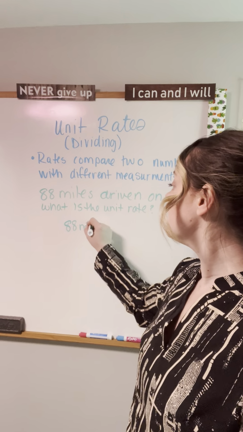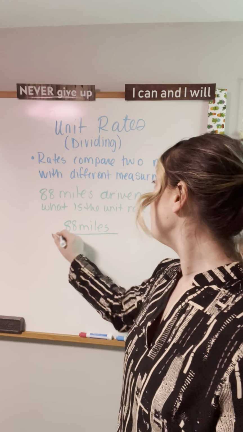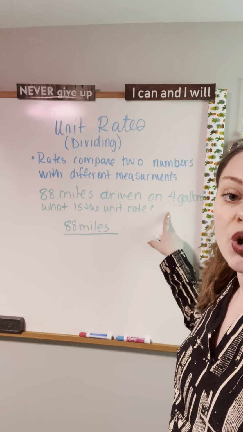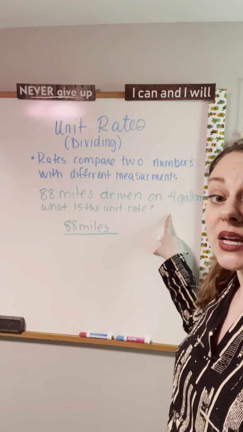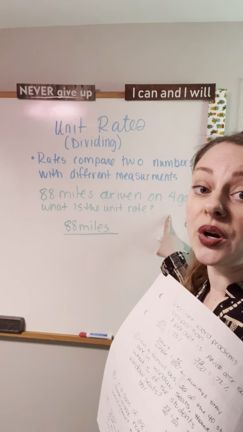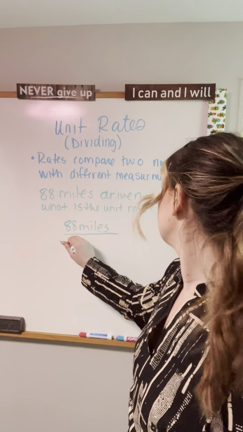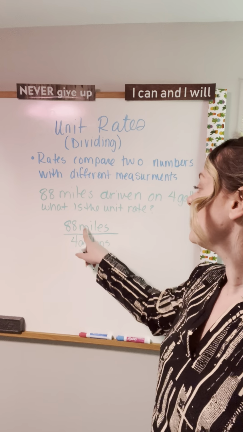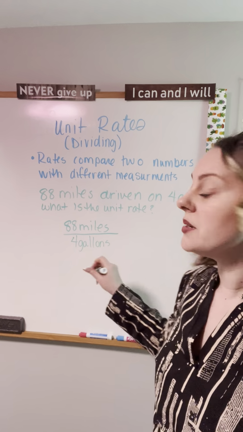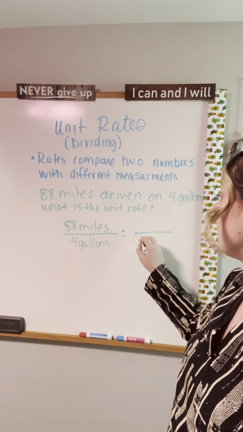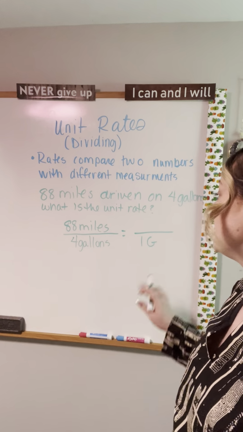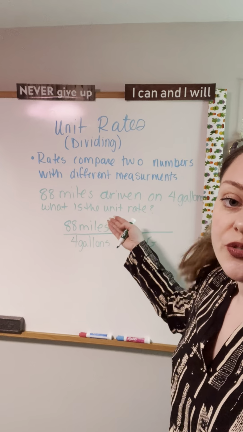The bottom number needs to be what's turning to 1, which I am going to try to find out how many miles my car will go with 1 gallon, because that'll help me decide if I want the car or not. So here we go. 4 gallons goes on the bottom. I normally just write the first letter, but because it's the first time I'm doing this, I don't mind. So 4 gallons to 1 gallon. Notice that I did not write gallons this time. So here we go. I could do fitty, first in, top in.